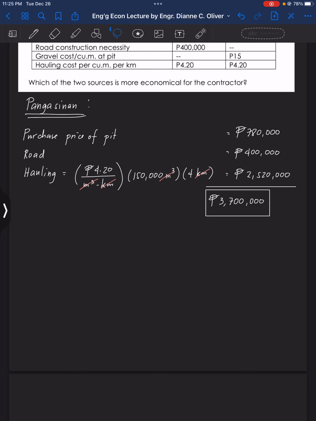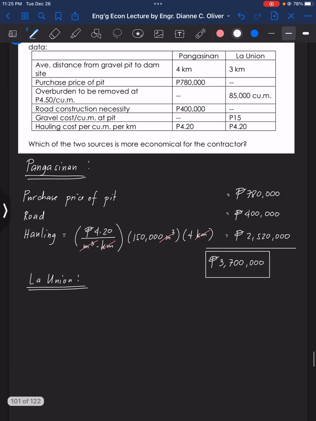Now, how about for the La Union site? For the La Union site, we have the overburden.